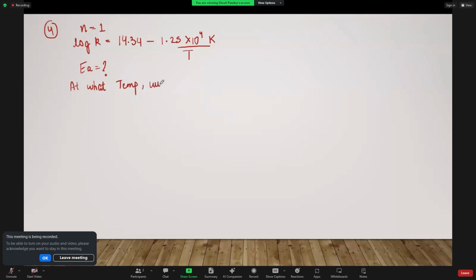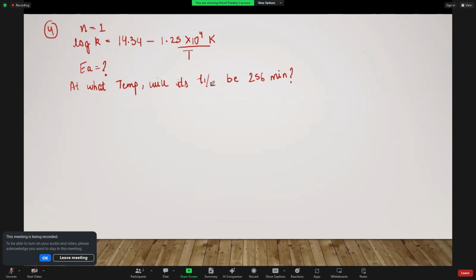Okay, so if you see this last statement, the second part, they are asking the temperature at which the half life is 256 minutes.